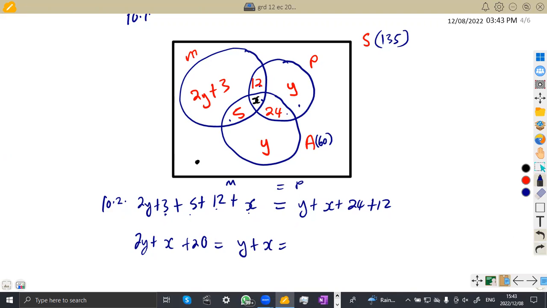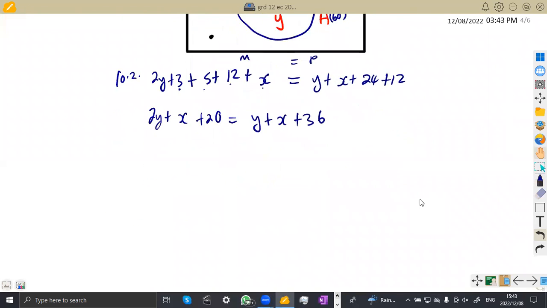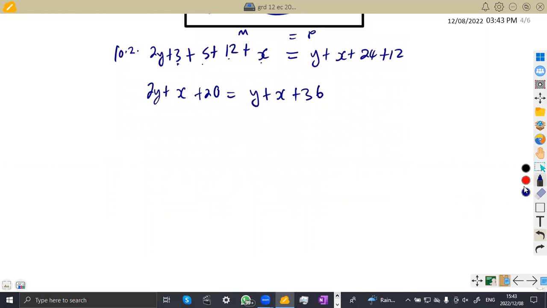So this is 36 here. All right, so that is a 36. So definitely from this, we have x and y, so you can collect the terms of x and y together. So here y to this side is going to be a negative. So it's 2y minus y, which is y.